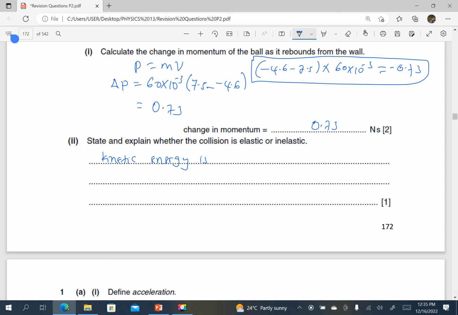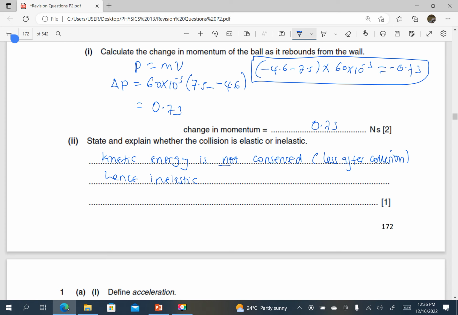In other words, it is less after collision. Hence, inelastic. The collision is inelastic because kinetic energy is not conserved. It is less after collision.